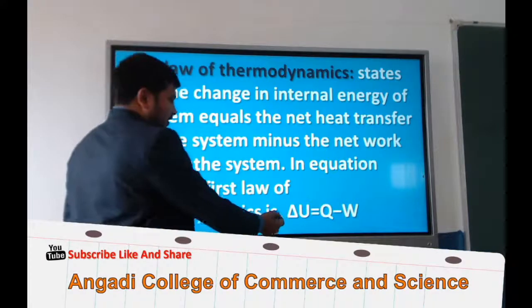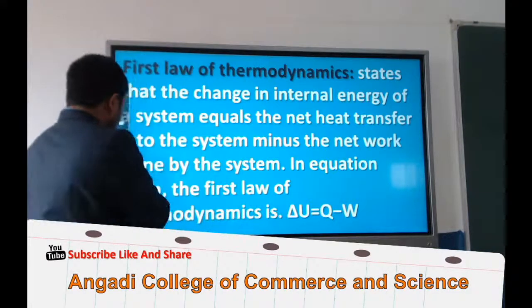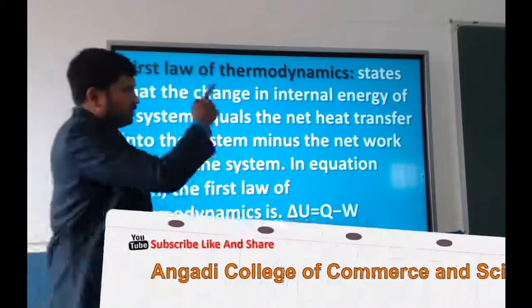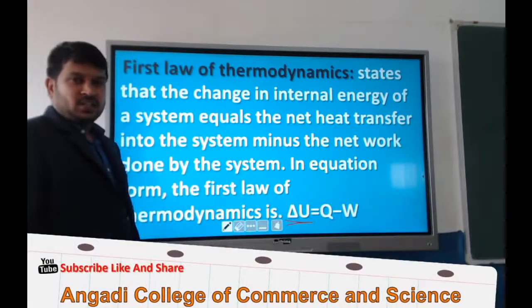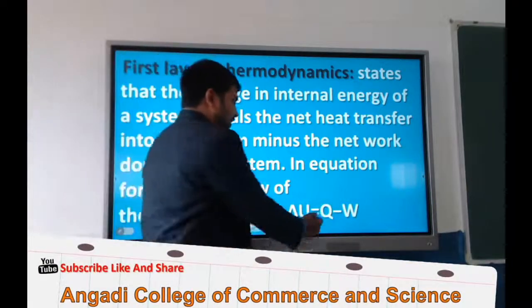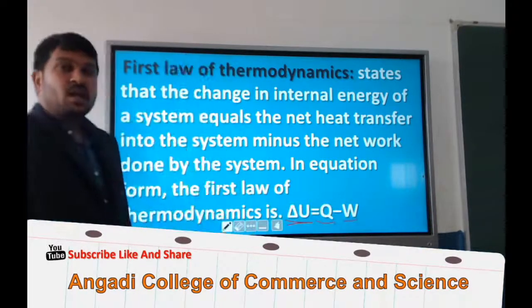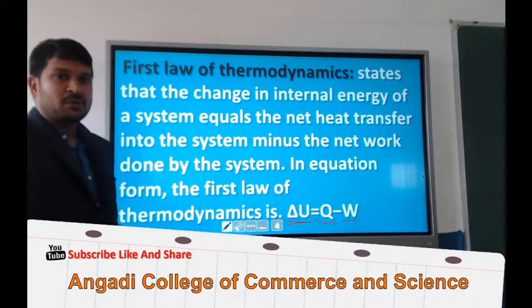That is, internal energy change equals net heat transfer minus work done. This is known as the first law of thermodynamics.